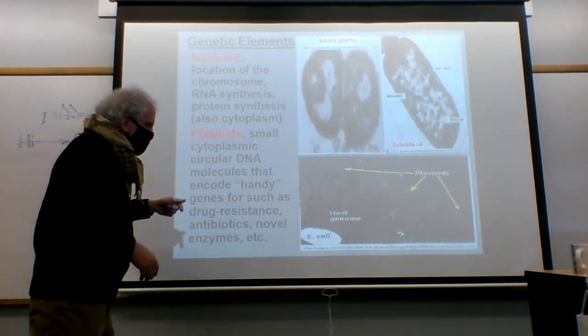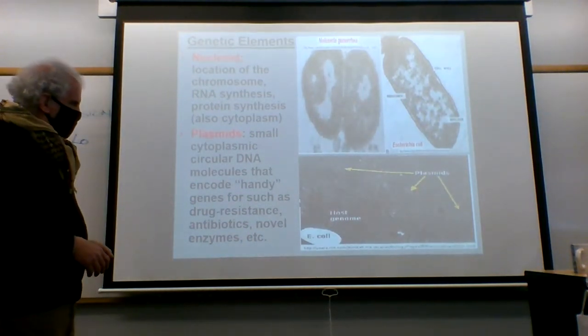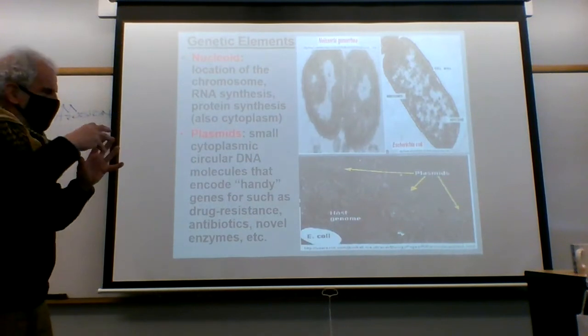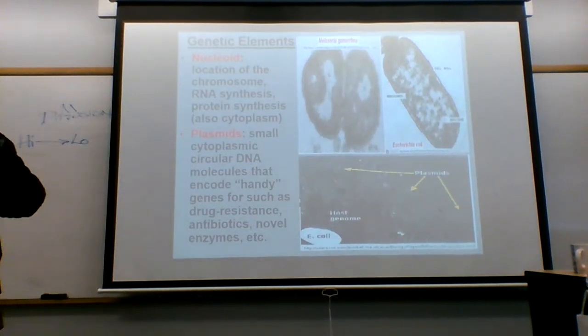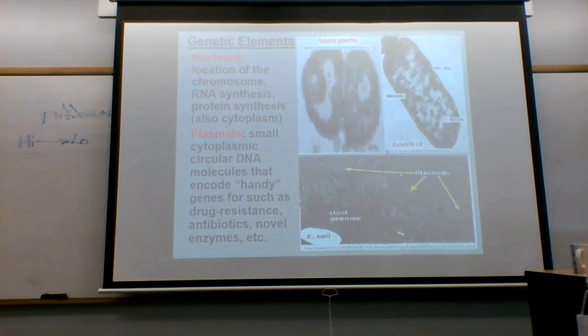Plasmids can also exist in bacteria, and these are circular DNA molecules that are way smaller than the nucleoid. The chromosome might be 1 million bases, and the plasmids might be in the thousands of bases, so between megabase and kilobase size.